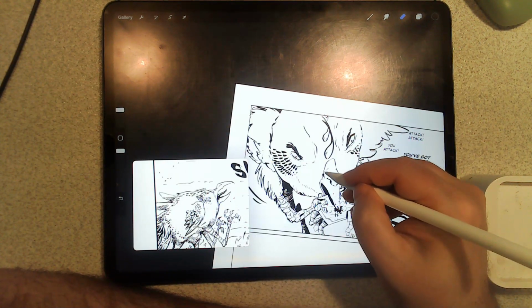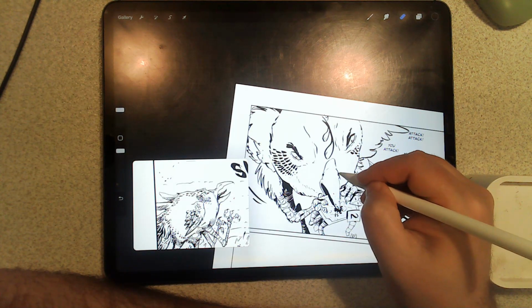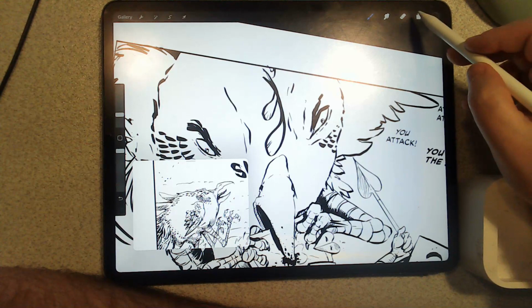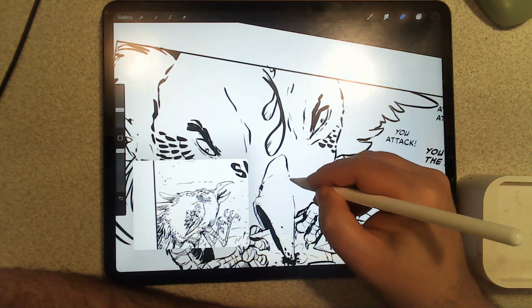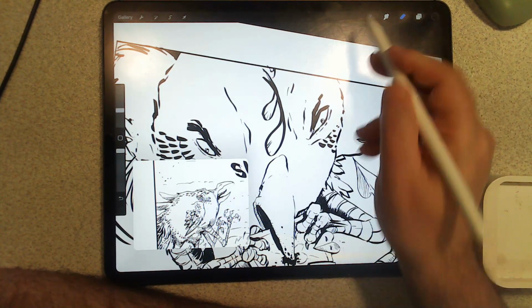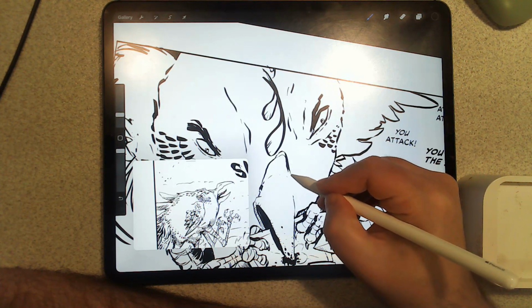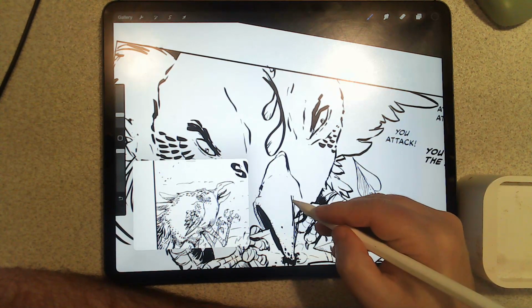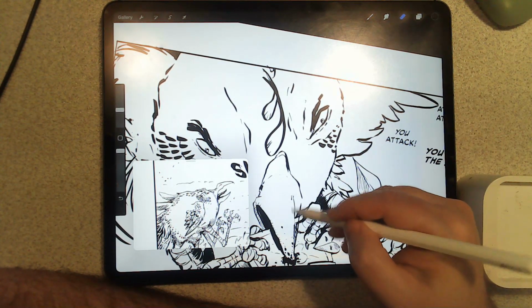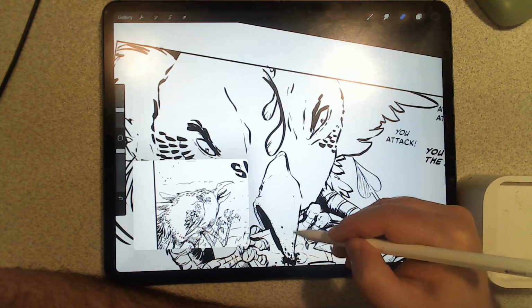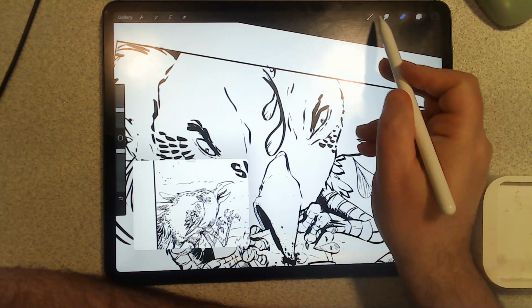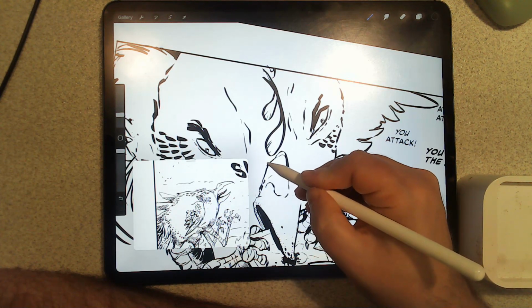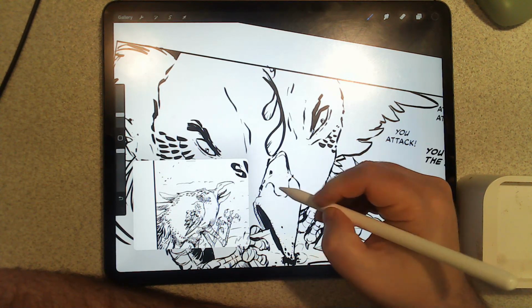I think we definitely do. This sort of bony structure at the top.